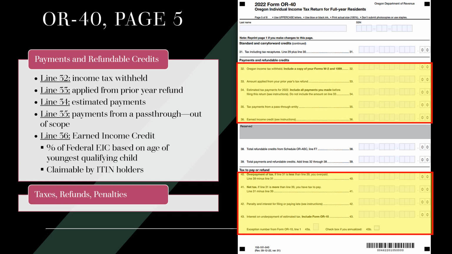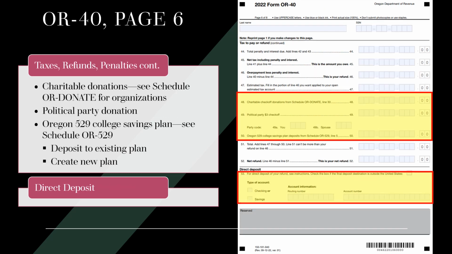But that's not all, folks, because we have page 6, which picks up where page 5 left off with taxes, refunds, and penalties. Notable in this section, Oregon taxpayers may choose to donate their refunds directly to a selection of charitable organizations, which are listed on Schedule OR-Donate.